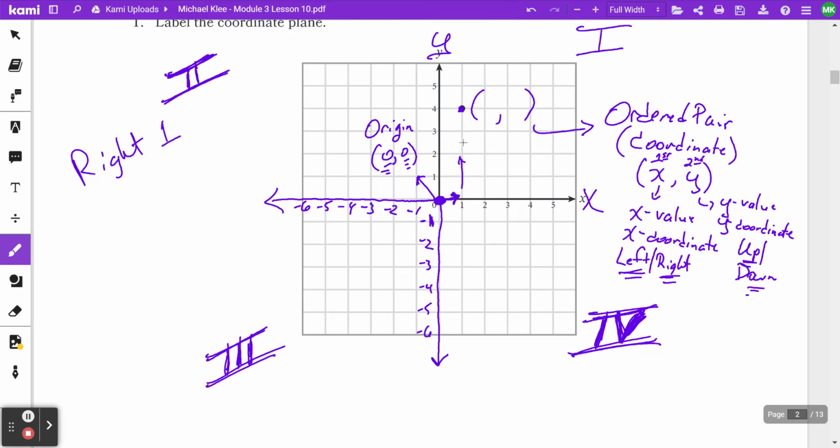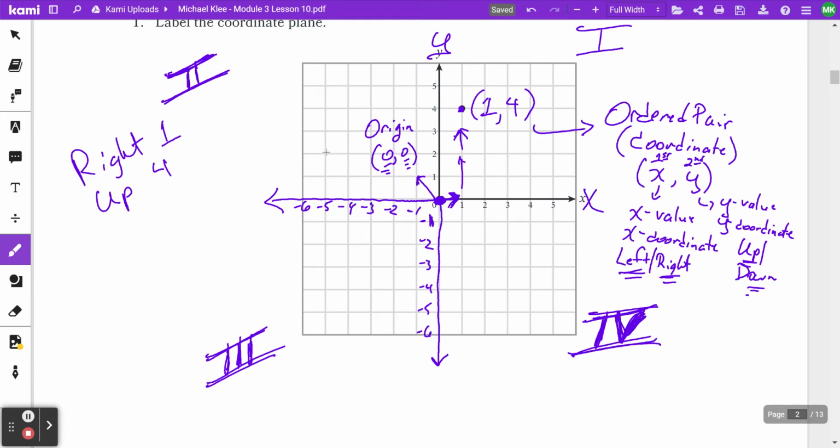Then I'm going to go up 4. If I'm going to the right, that's a positive 1. And if I'm then going up, that's also a positive 4. So this is read as ordered pair (1, 4).